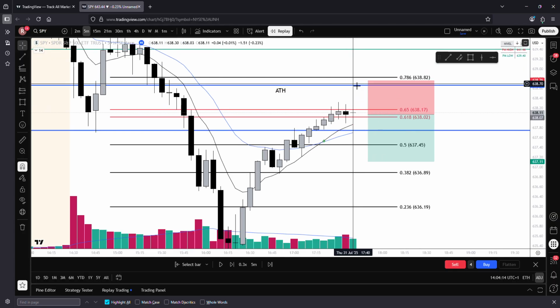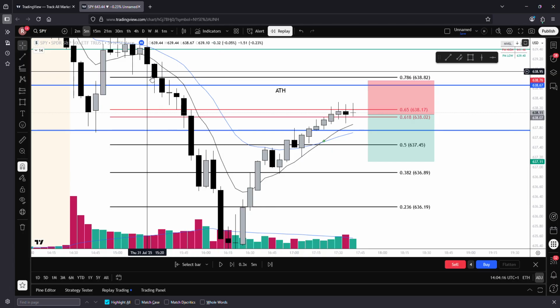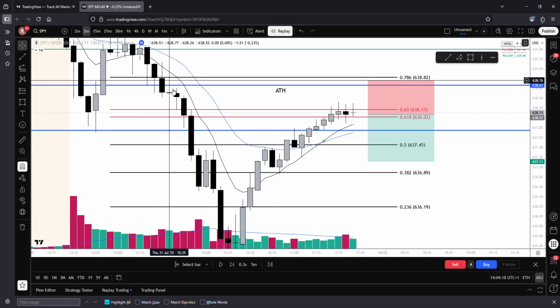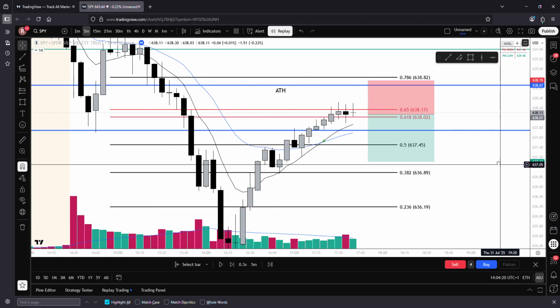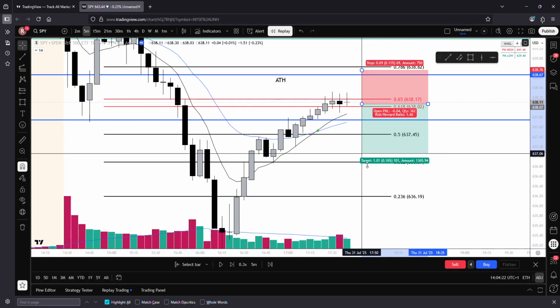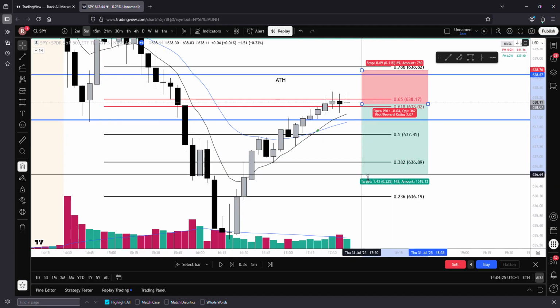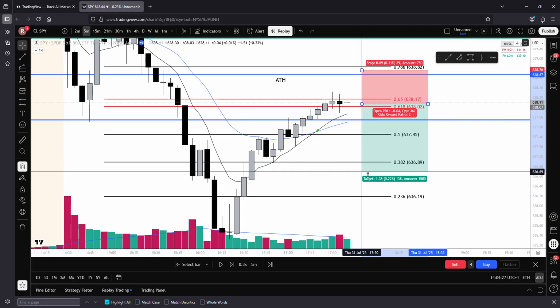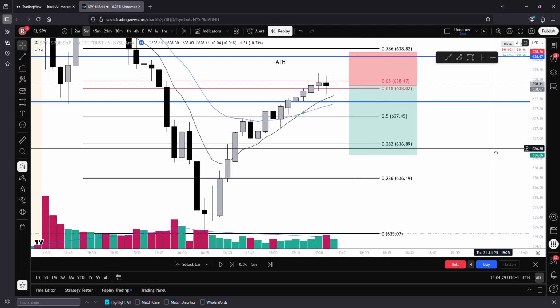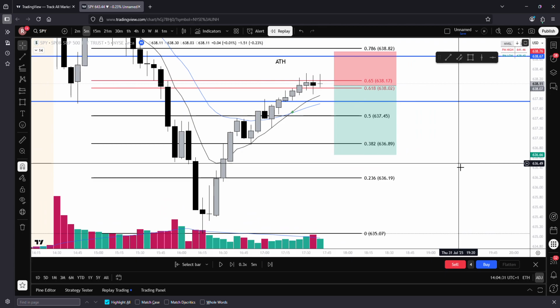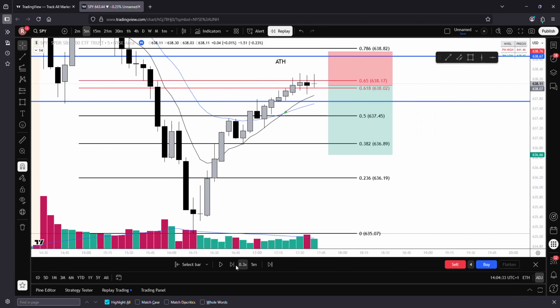I would probably let it drift up to somewhere around the 786, watch its reaction to this initial sell-off candle here, but for today's show purposes, we're just going to set a 2-to-1 risk reward ratio, close enough. And let's roll on and see what the market does from here.